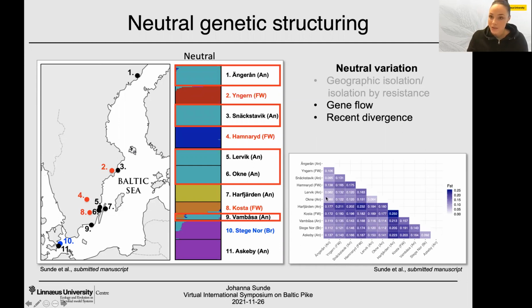Based on previous studies indicating quite low levels of gene flow among these populations, and the fact that we found in this study that all these populations are significantly differentiated from each other, recent divergence might be the more likely alternative, but this is something we would need to study further to know for sure.